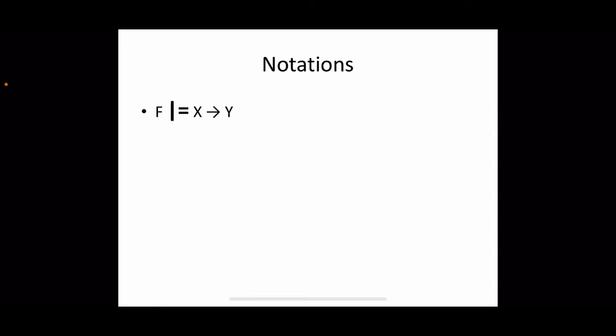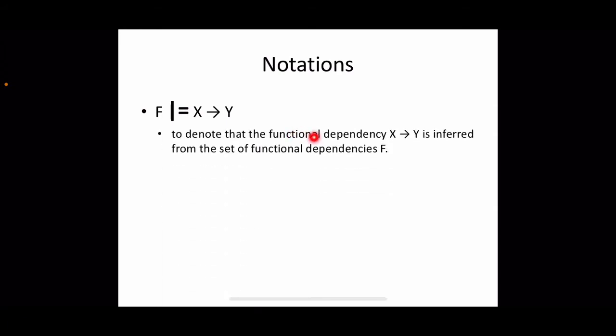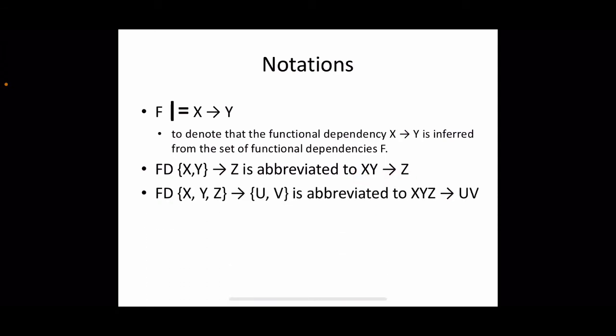Meaning is that the functional dependency X determines Y is inferred from the set of functional dependencies F, or F implies X determines Y. And we will see some other notation, like we will omit the comma in between two different attribute sets. So X and Y together determines Z is abbreviated to be XY determines Z. Like that, X, Y and Z together determines U and V together will be abbreviated as XYZ determines UV.